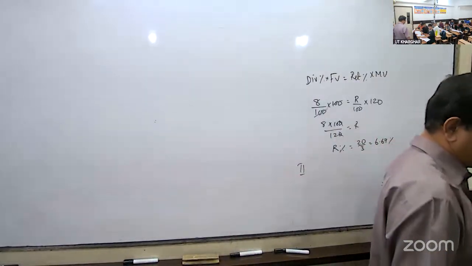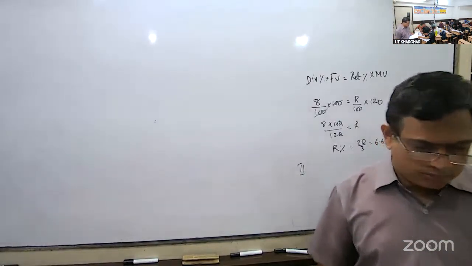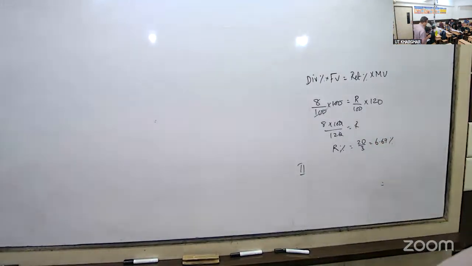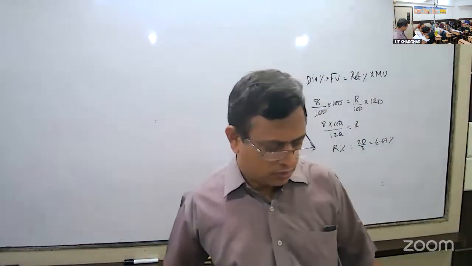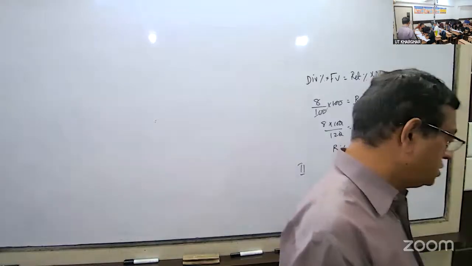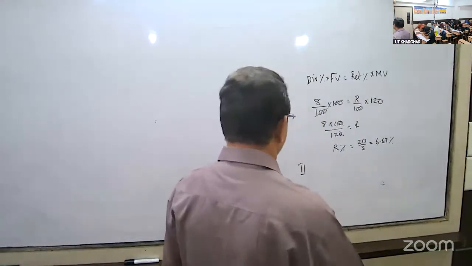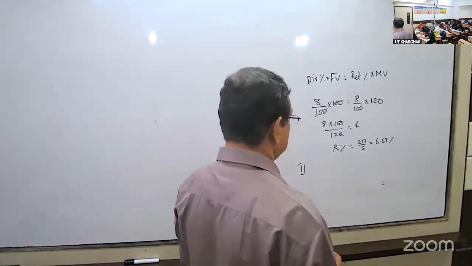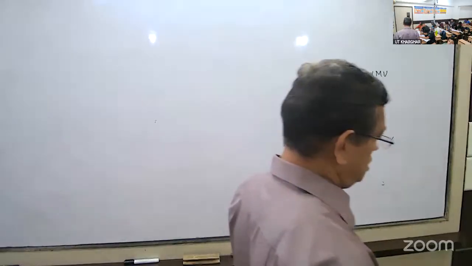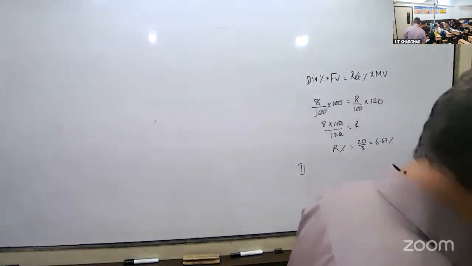Second company. Face value is 100, market value is equal to 90, and dividend percent is 12%.